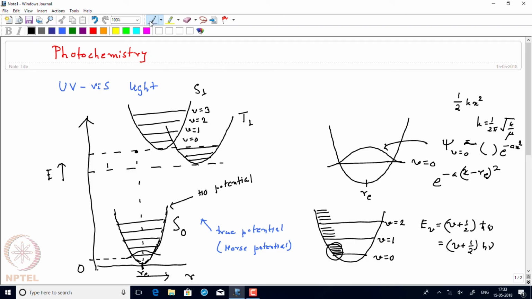You can think that every bond is vibrating like this. The molecule was in the ground electronic state, and suppose it was in the zero point vibration, because as I said, most of the molecules will be residing at the ground vibrational level, and it is vibrating. Now when I am exciting it, since electronic excitations are fast, you can think loosely that the electron's mass is much smaller than the reduced mass of vibration of a particular bond.